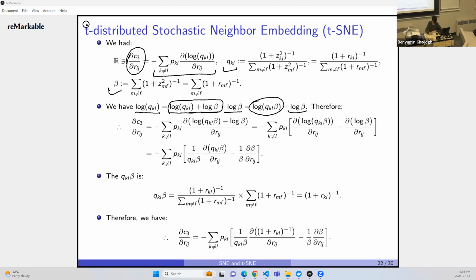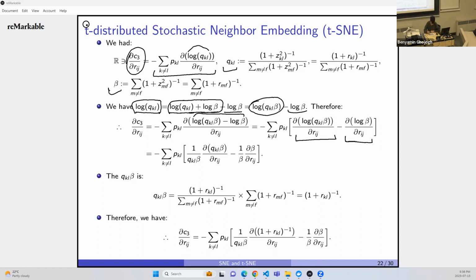Therefore, now here in the derivative of C3 with respect to Rij, I had this term, which I just simplified. So I replaced this term with what I found. Okay. Then this fraction can be broken into these two fractions, right? What happens?